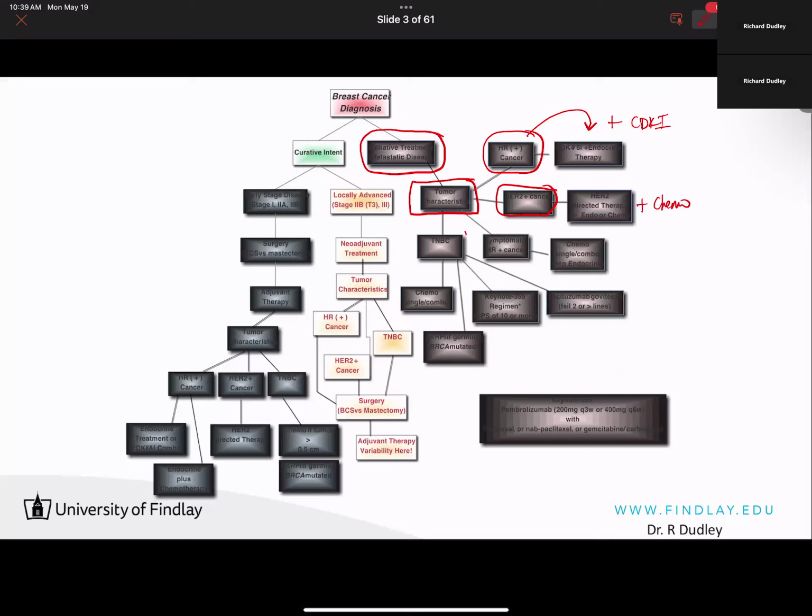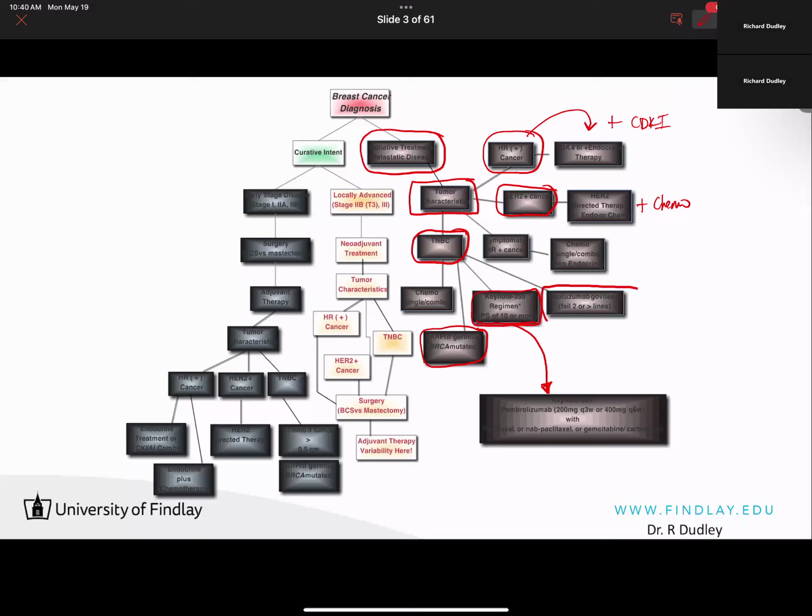All right. If it's triple negative, well, we would typically use chemotherapy, single agent chemotherapy. We might use a PARP inhibitor like olaparib, but there is new evidence that has come out in the last couple of years to suggest that immunotherapy plus chemotherapy has benefit for certain patients that have the right biomarker.